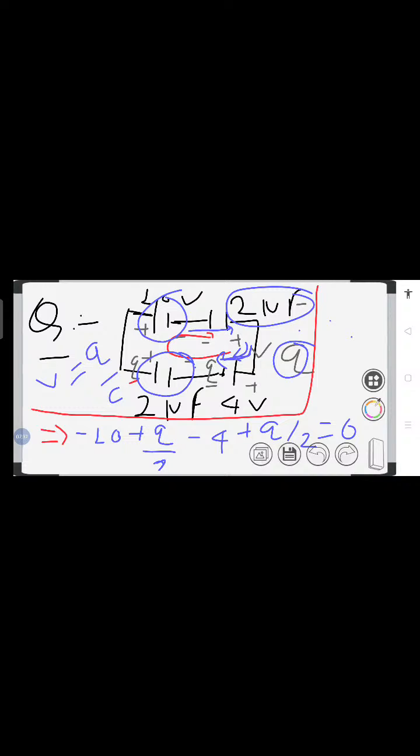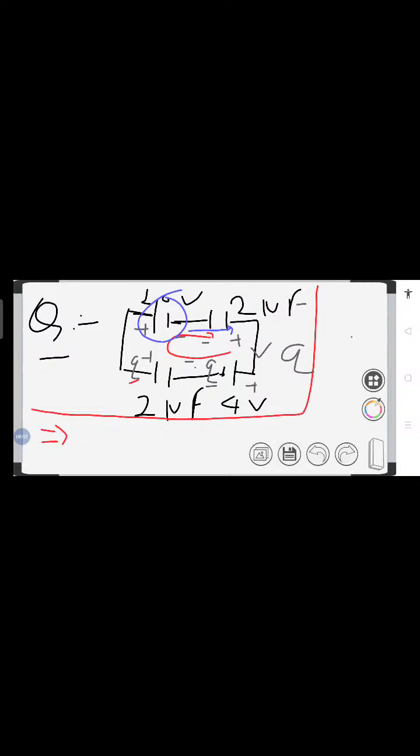Okay, so it is 10 plus Q by 2 minus 4 plus Q by 2, that is equal to 0. So what equation will we get now?